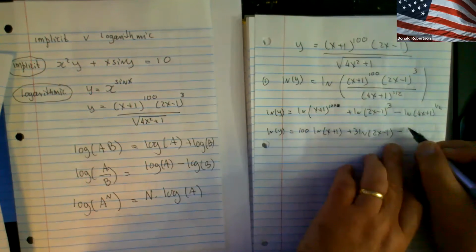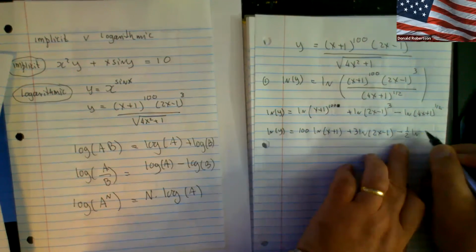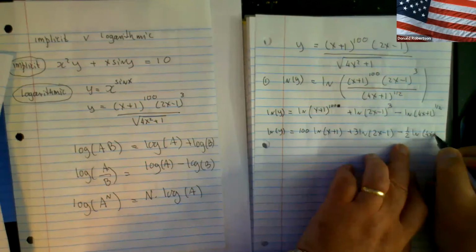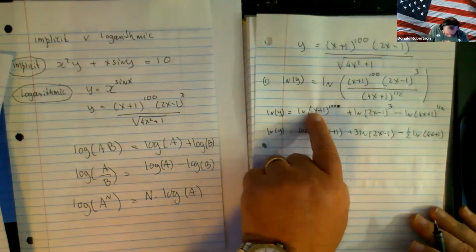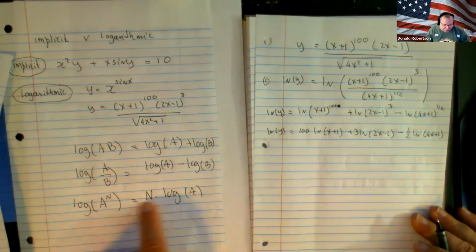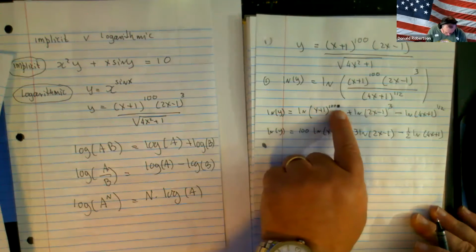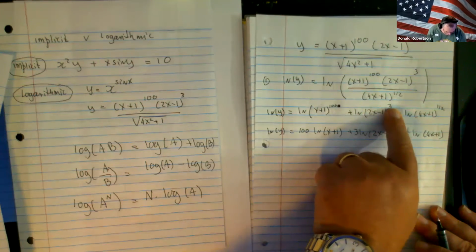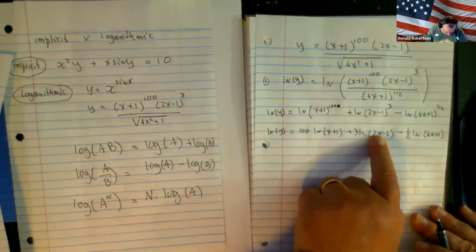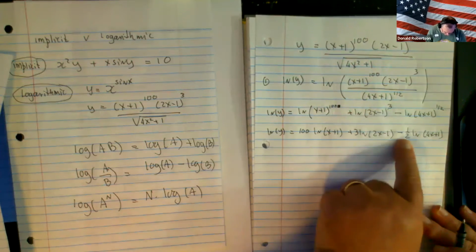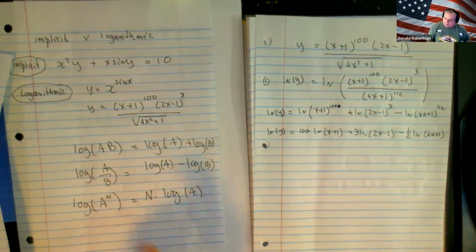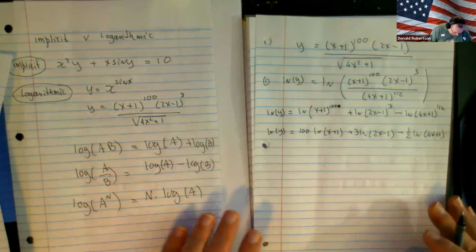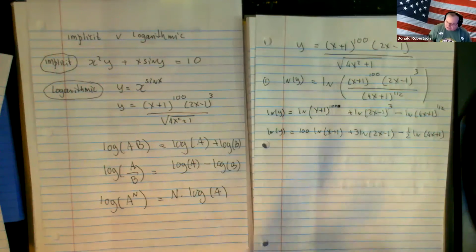And this one becomes 1/2 the natural log of 4x squared plus 1. So each one of these guys I've used rule number 3, right? This guy 100 becomes 100 log that. Log of this guy cubed is 3 times that. A half gets you a half times that, right? That's the third law.